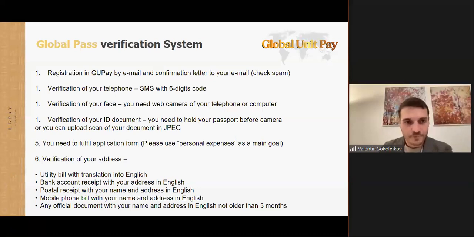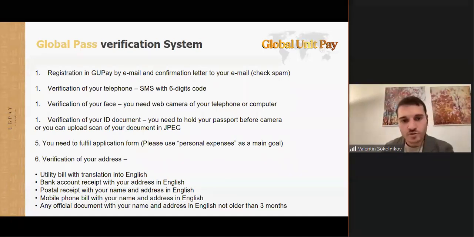Regarding verification of the address, you should upload a document. There is a selection: a utilities bill, a statement from the bank, or a bill for your phone. So it should include your full name and your address.